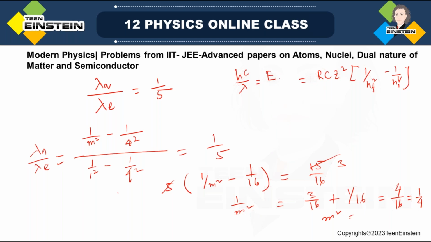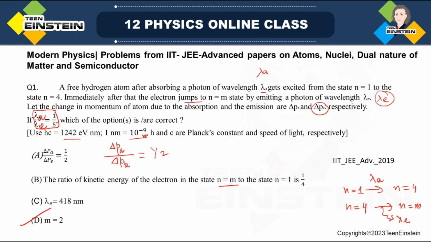So m square is 4, which implies that m is equal to 2. So this was one option. You can see option D, m is equal to 2, that is correct.